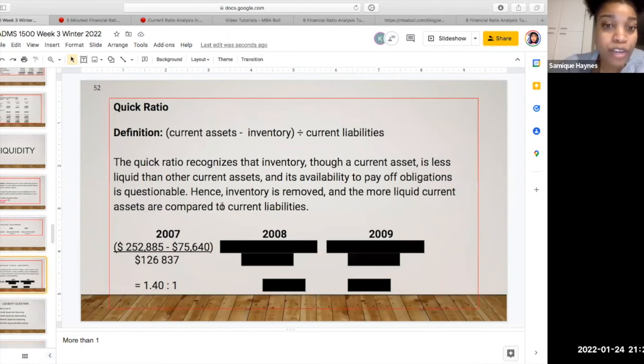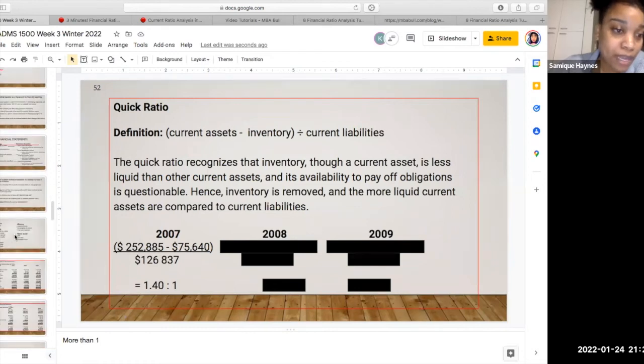Quick ratio is just like the current ratio, except we're going to be taking out our inventory, all right? So current assets less inventory divided by current liabilities, okay? So again, from the current assets, we deduct our inventory.